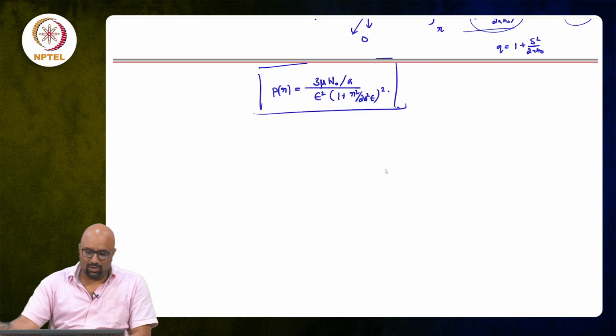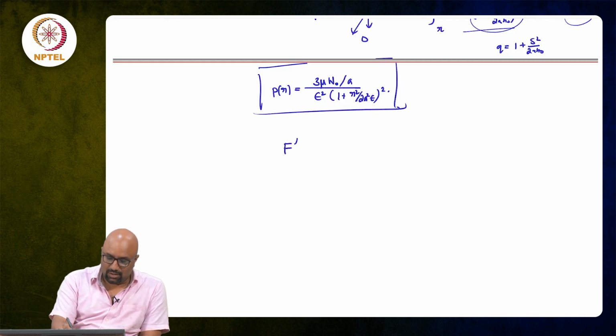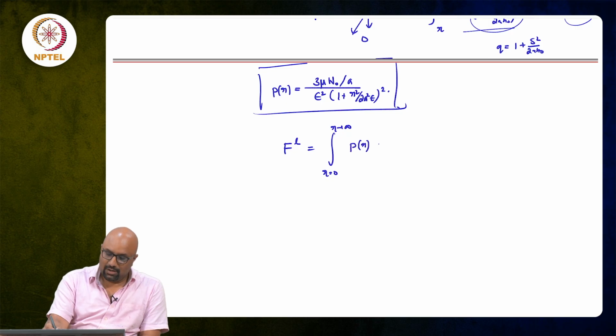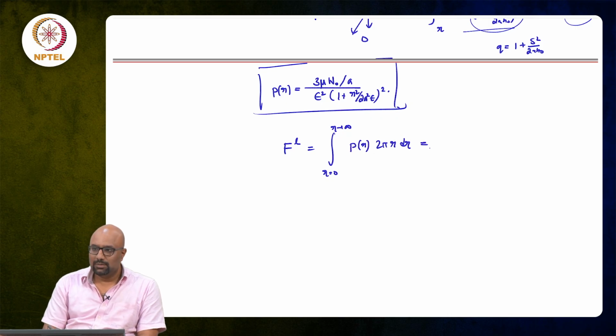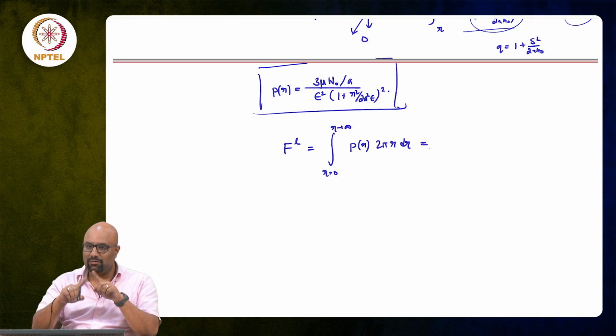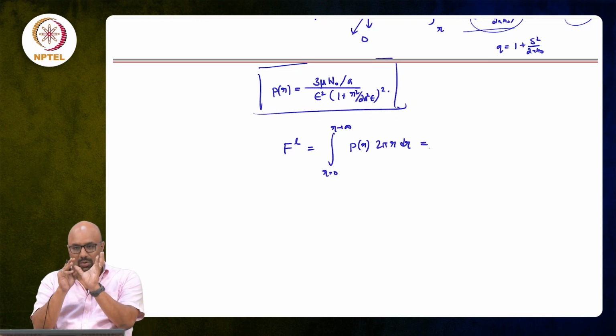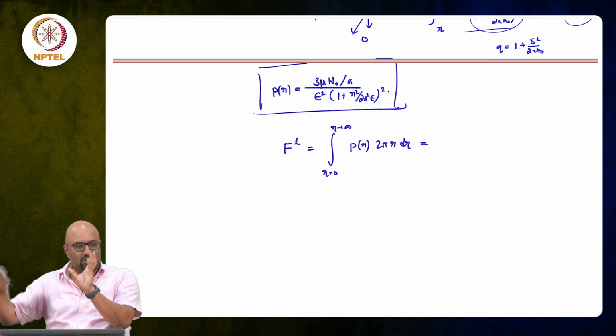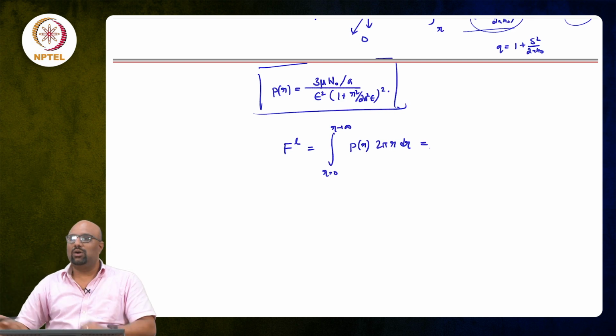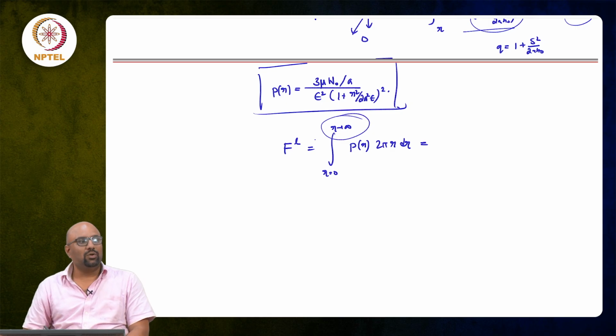So, all we have to do now is find the lubrication force, going from r equal to 0 to r approaching infinity, P of r 2 pi r dr. This is over one of the surfaces of the sphere, because with respect to that local coordinate system, the surface of the sphere is going to extend all the way to r equal to infinity. That is the reason why I am putting here r going to infinity.